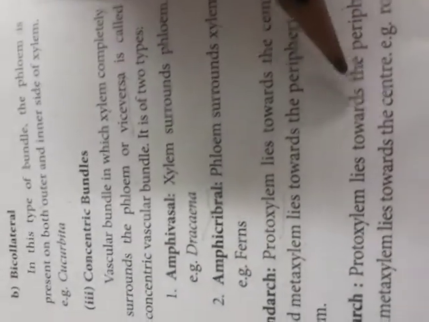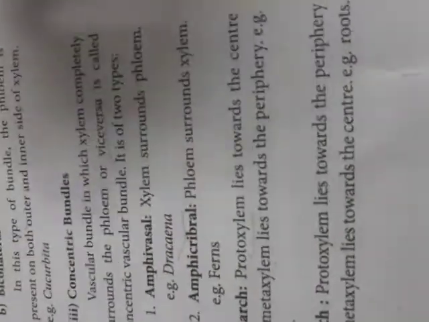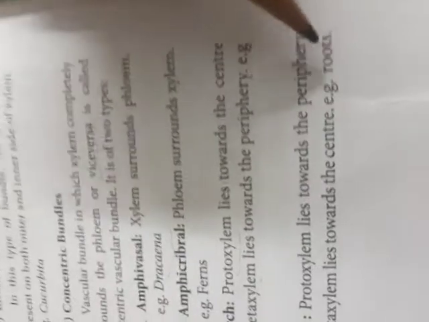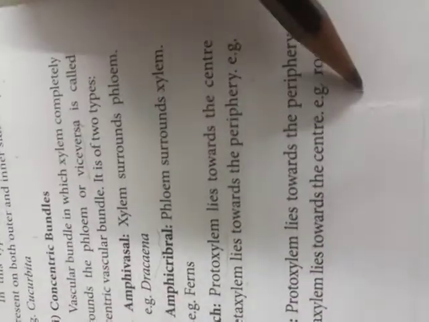Exarch is just opposite: protoxylem will be towards the outside, metaxylem towards the inside, center. It is called exarch, where you can see in roots. When we discuss the structure of root and stem, at that time it will be more clear.